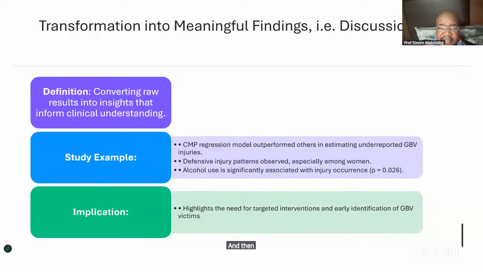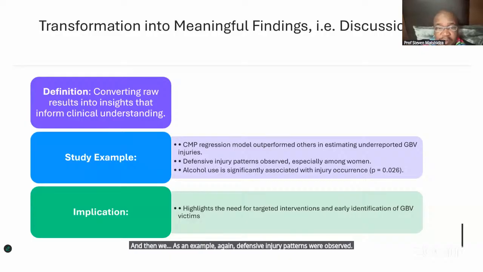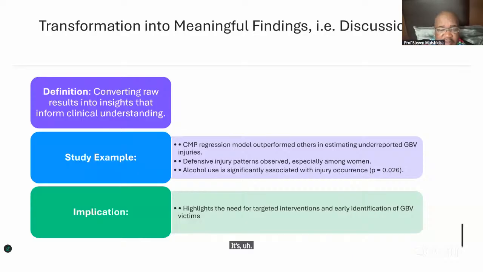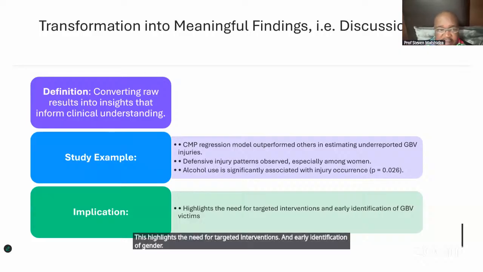And then we, as an example again, defensive injury patterns were observed, especially among women. And I mentioned earlier that alcohol use was significantly associated with injury occurrence with a p-value of 0.026. So what's the implication for this? This highlights the need for targeted interventions and early identification of gender-based violent victims.